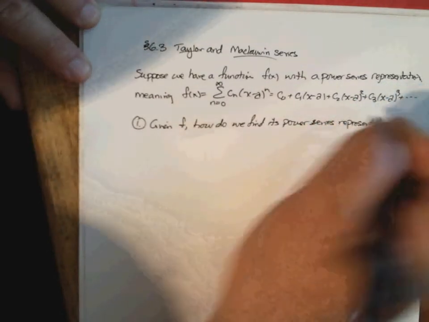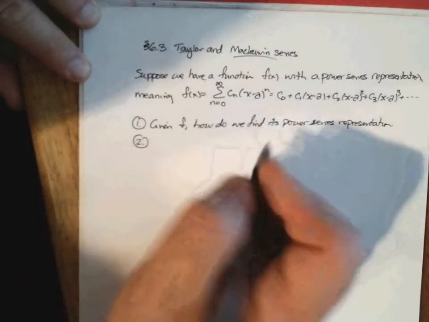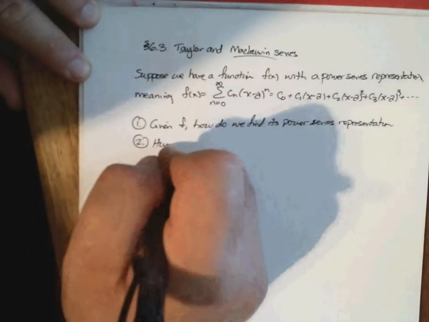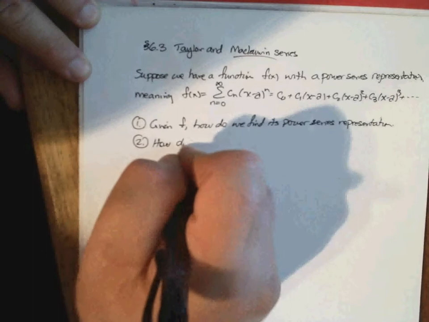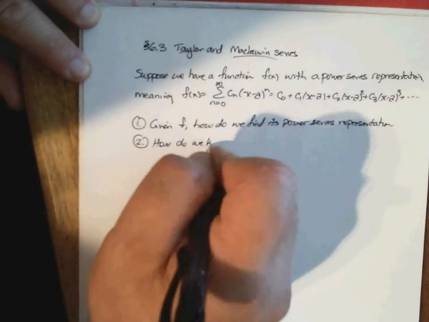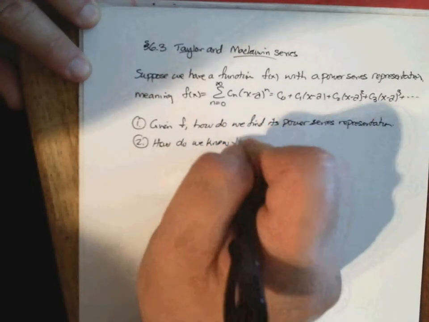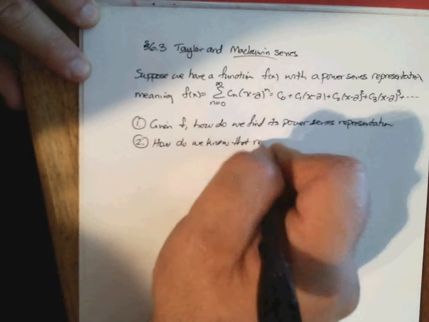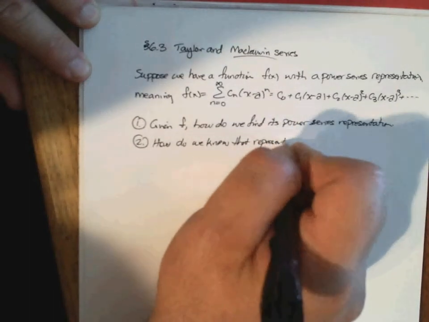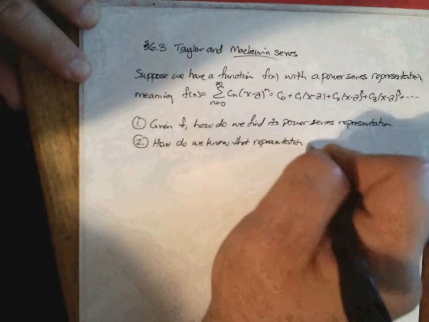And the second question, how do we know that representation is accurate?